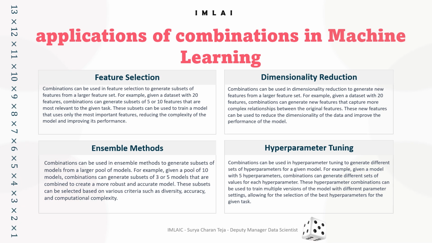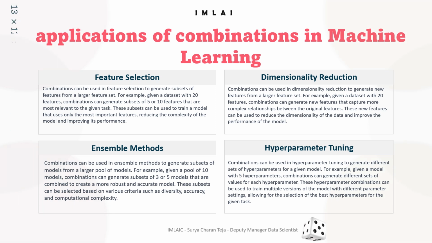So in each of these examples, combinations are used to generate subsets or combinations of elements in a given set, allowing for the optimization and improvement of the machine learning models. The main agenda of combinations with respect to machine learning is allowing the optimization and improvement of the machine learning model.